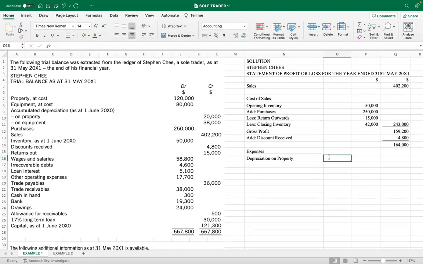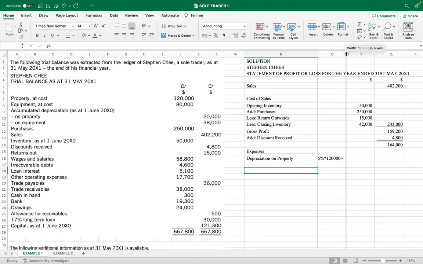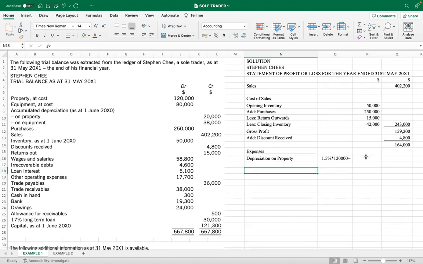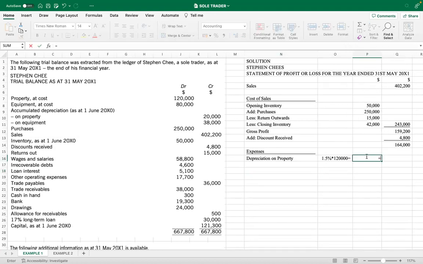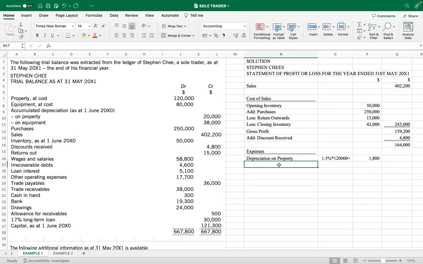So this will be 1.5% times 120,000, which gives you 1,800.